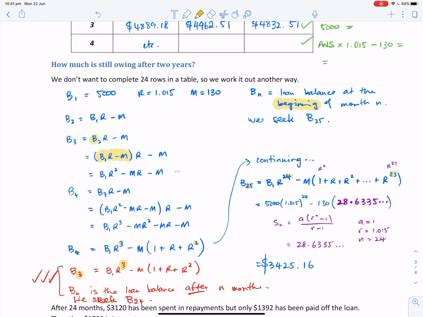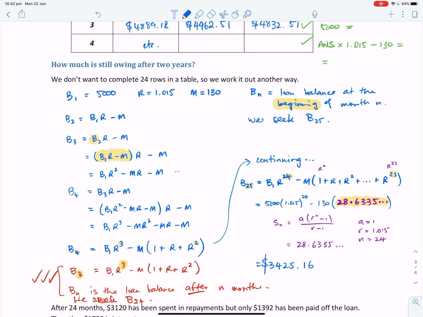This value here has a meaning, and I always insist on students calculating it and writing it down because it has a meaning. $130 is how much we're paying per month, and it's been 24 months. So of our own money, 130 times 24 has been paid.